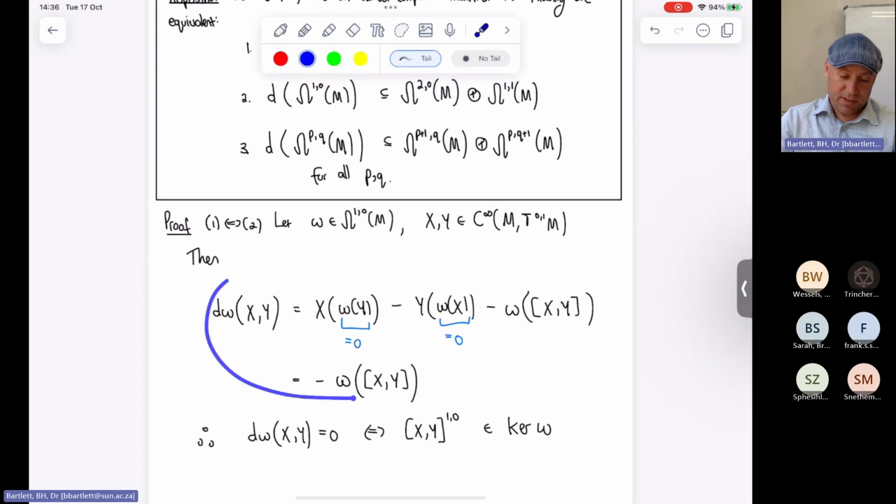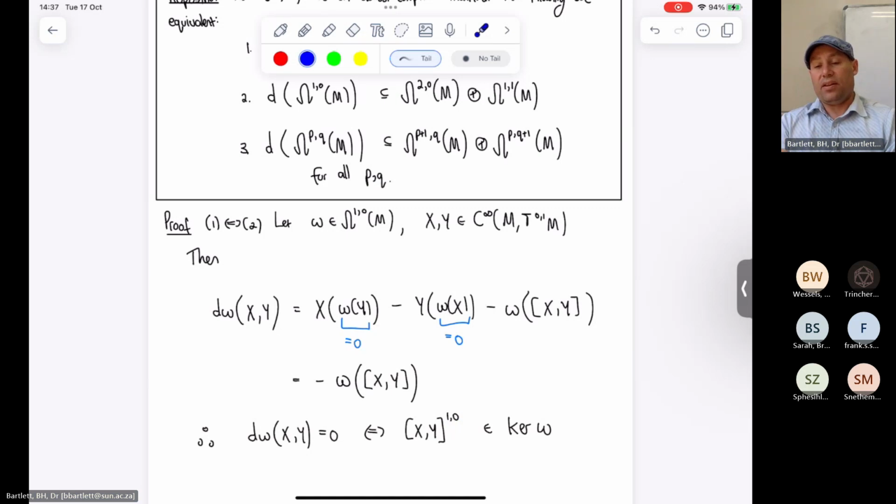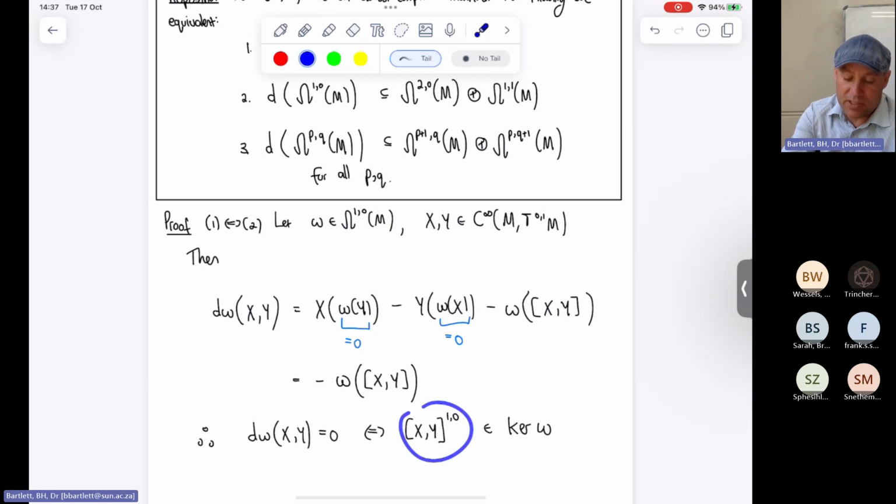I think that's what this little calculation here is saying, that this guy is going to be 0 if and only if omega applied to this commutator is 0. And omega applied to the commutator is 0 if and only if, when I calculate the (1, 0) component of the commutator, that part has to be 0. See, I know that omega definitely vanishes on (0, 1) vectors. So the question is what's going to happen to the (1, 0) component of this? Okay.